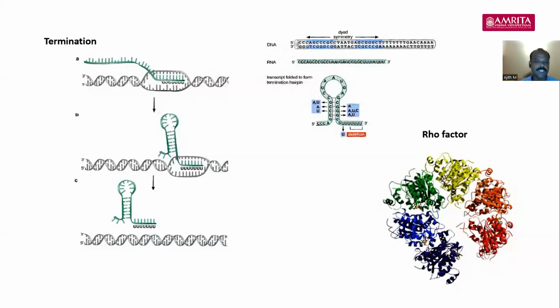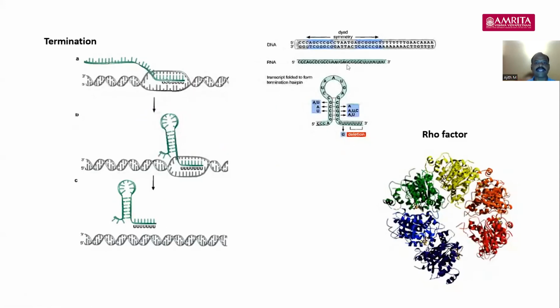If the pulling is aided by Rho, you call it Rho-dependent. If it is not aided by Rho, it is called Rho-independent. I'm not sure you people will be able to understand this, the Rho-independent process. Listen very carefully. The DNA molecule is being transcribed now. Now the RNA is already synthesized. It has reached the termination point.